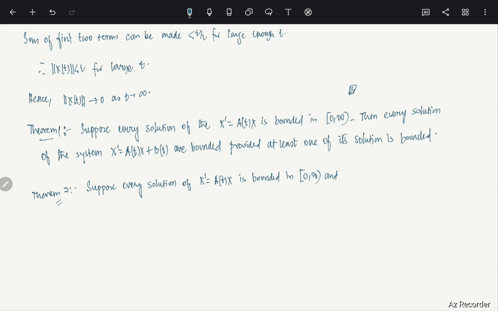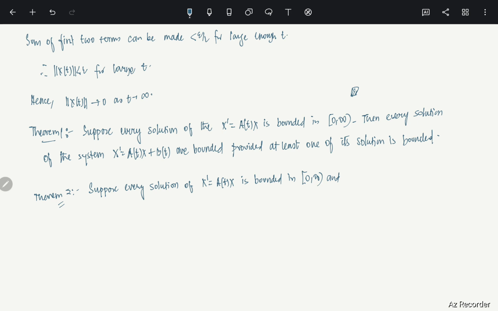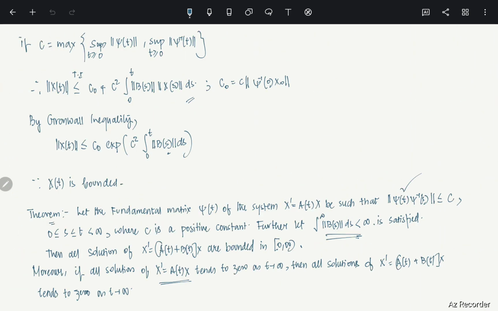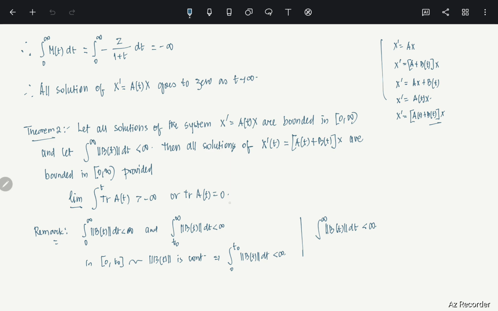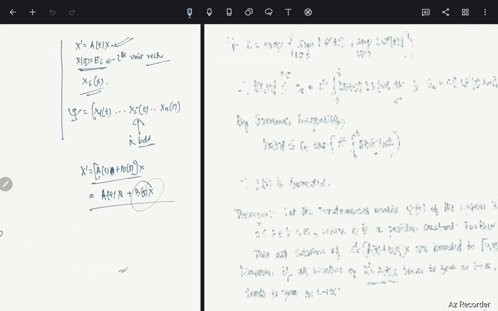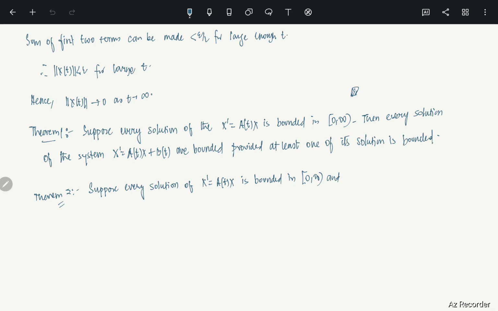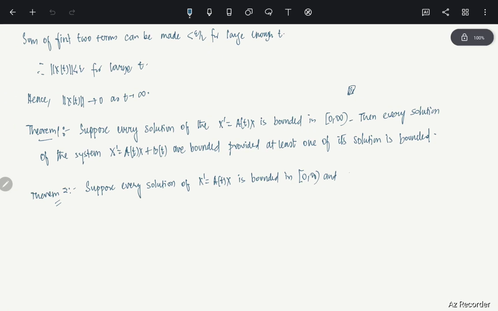I wrote the condition somewhere, right? Where did I write it? The trace condition, I wrote it somewhere. This one. So let's just call that condition star. This is a trace condition, and the star is satisfied.